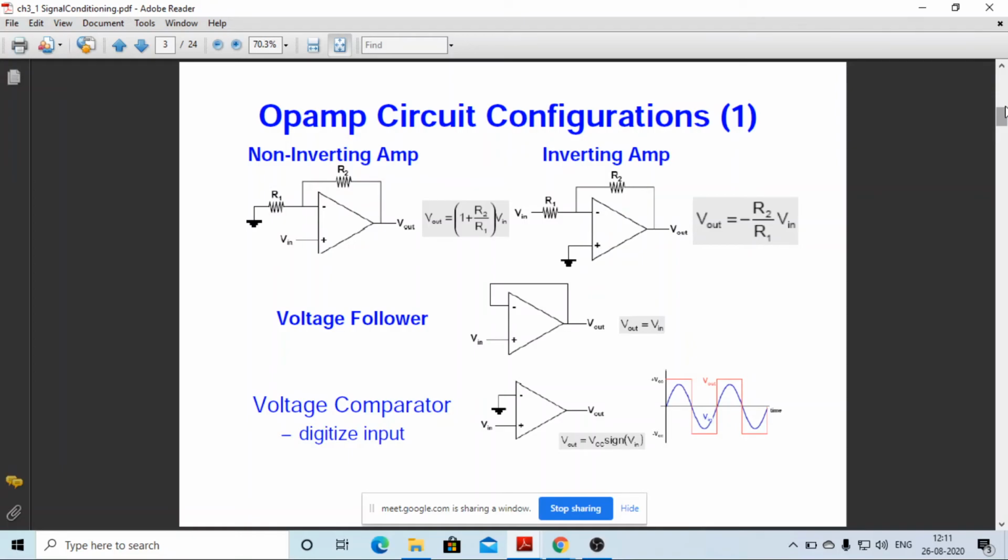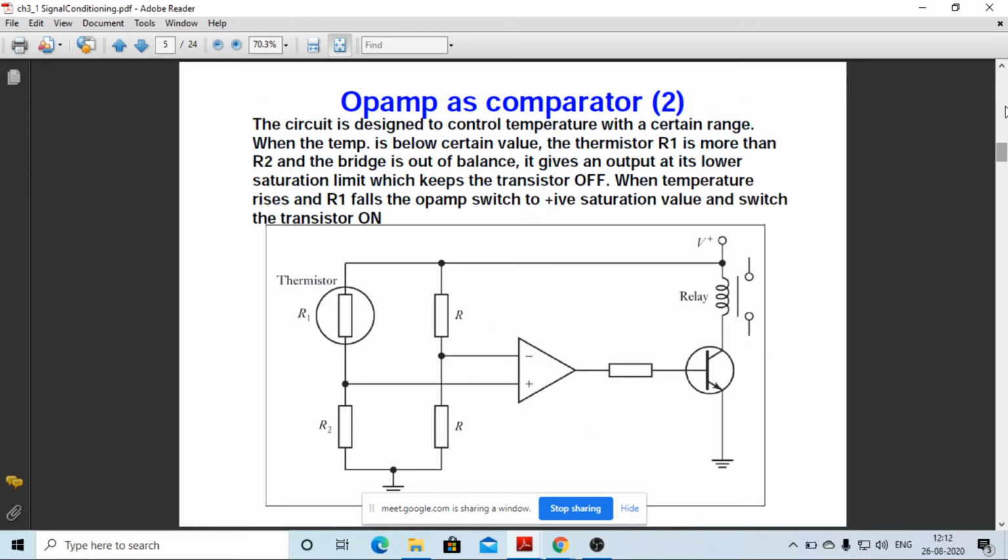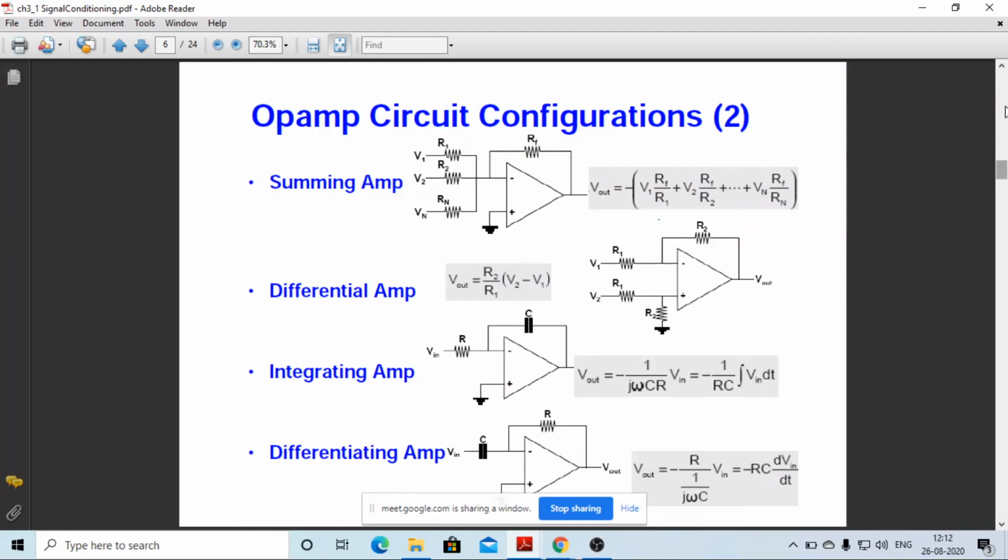But anyhow, if you are facing a problem in finding the transfer function of the inverting, non-inverting, voltage follower or comparator, you can write in your chat box. I will discuss these one by one: summing amplifier, differential amplifier, integrating amplifier. These are all covered in your last semester syllabus.